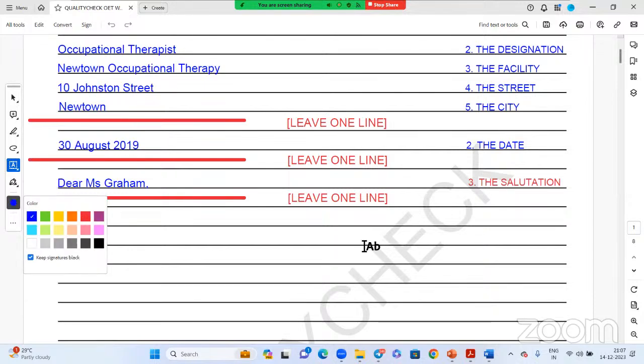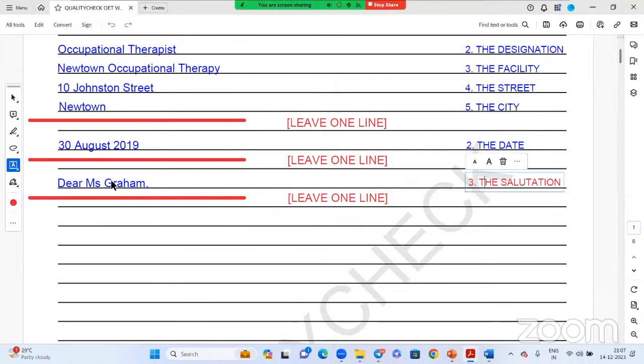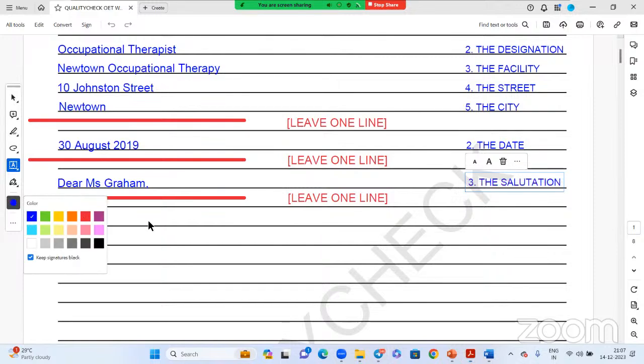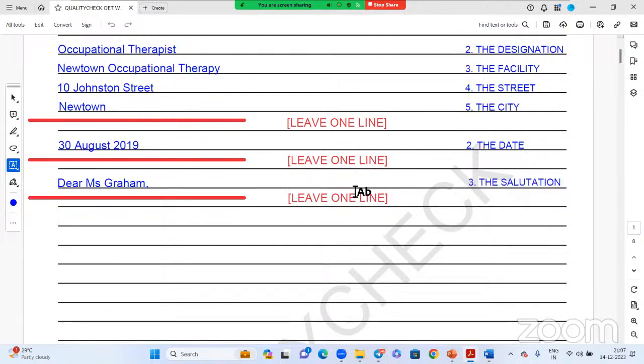So after salutation, once you finish the salutation, you will go for the subject line.